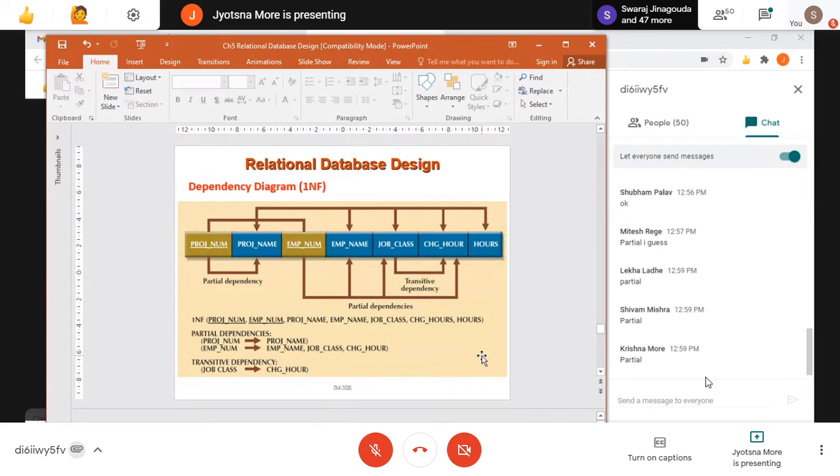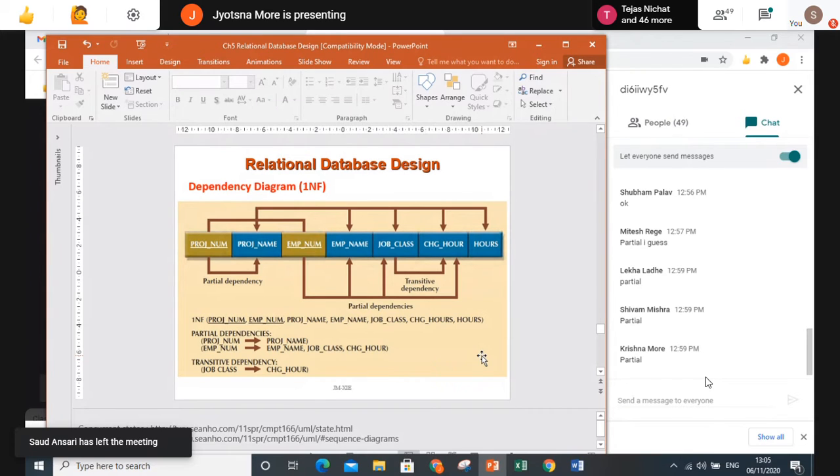Next line, that is, write down F1 again here. F1: the functional dependency, project number determines project name. One by one we'll take them.